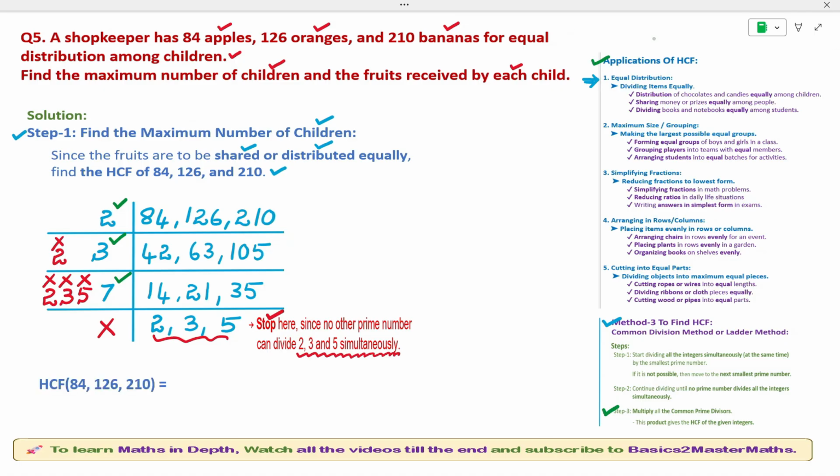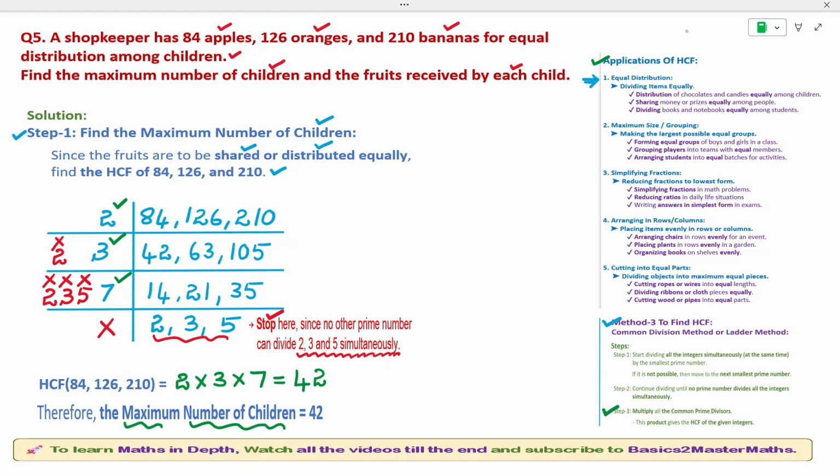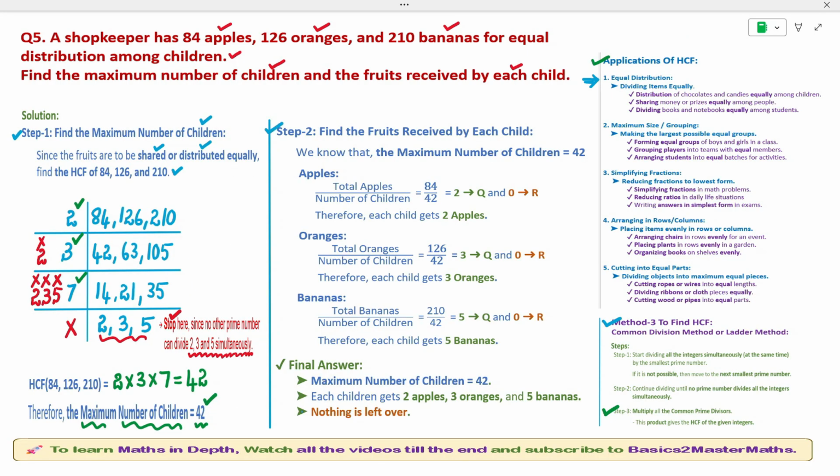So, HCF of 84, 126 and 210 is 2 multiplied by 3 multiplied by 7 gives you 42. Therefore, the maximum number of children are 42. Got it?